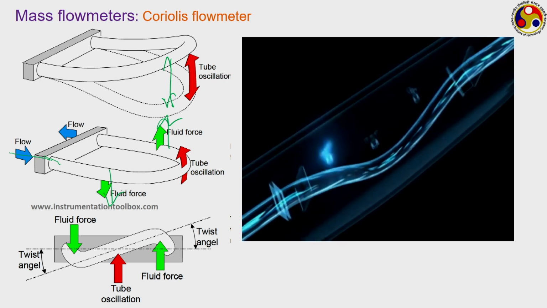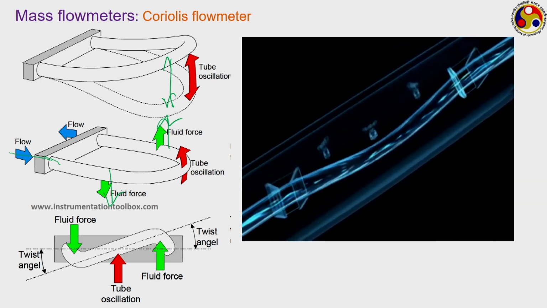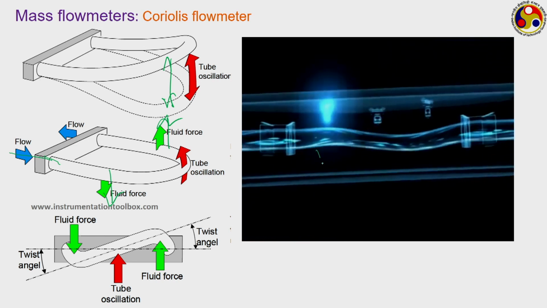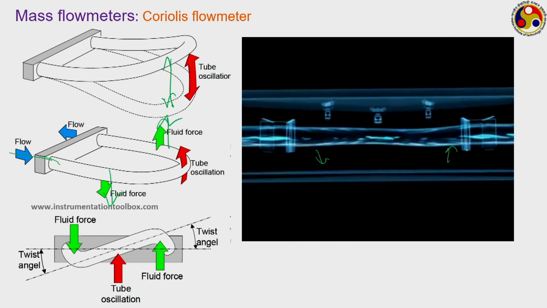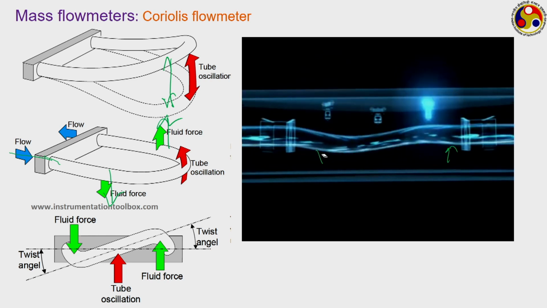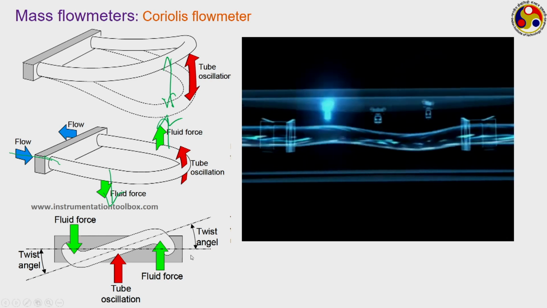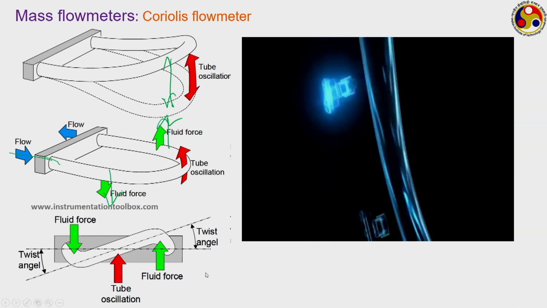Initially when there is no flow, there was no twist, but as the fluid starts to flow through, this portion starts to twist, because the force that is acting in this portion and the force which is acting in this portion are acting in opposite directions. So they are trying to twist the tube, and from there we can get a measure of the flow velocities.